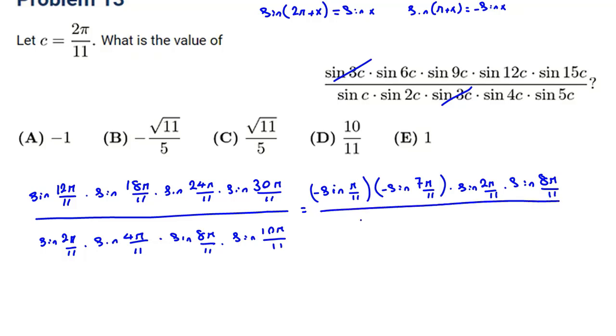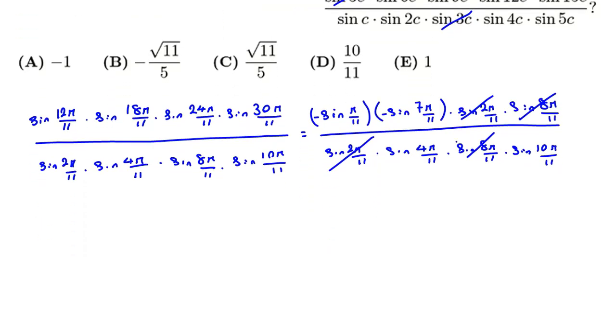Now let's divide by sine 2 pi over 11 times sine 4 pi over 11 times sine 8 pi over 11 times sine 10 pi over 11. So we can cancel 2 pi over 11, 8 pi over 11, 4 pi, and 10 pi.